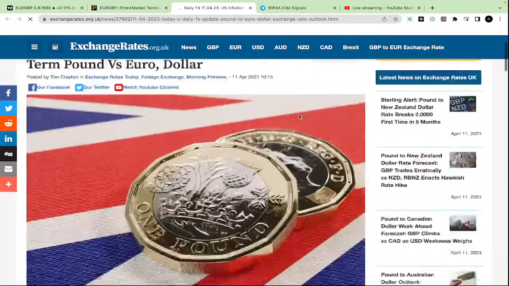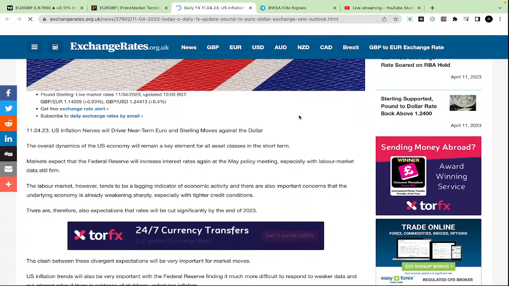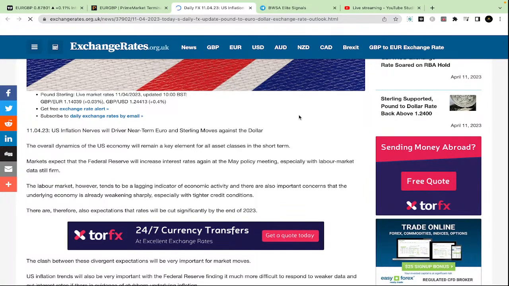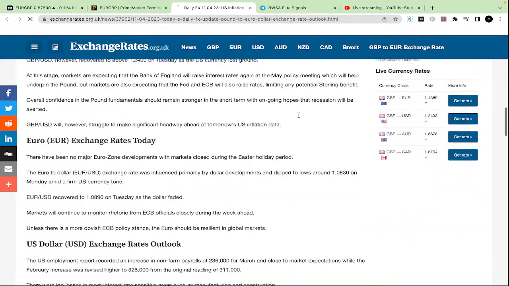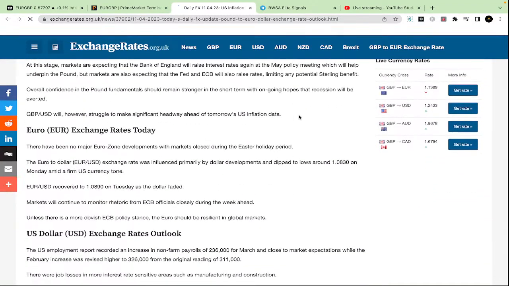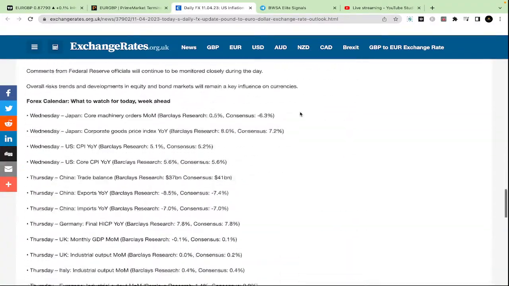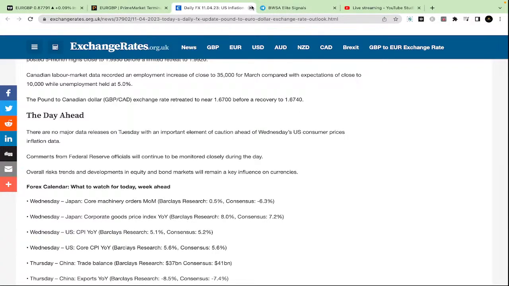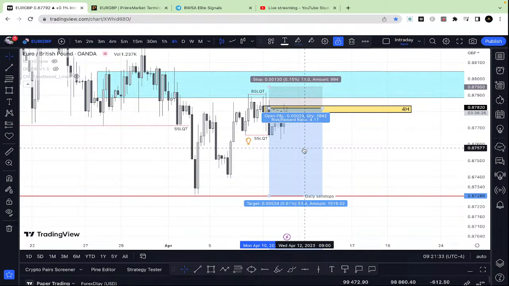If you're driving near term pound to euro, U.S. inflation nerves will drive near term euro, and so it moves against the dollar. This is against the dollar though. I'm trying to just see it real quick. It doesn't really say much about the specific pair. They go specific when it comes to the currencies, but that's about it.